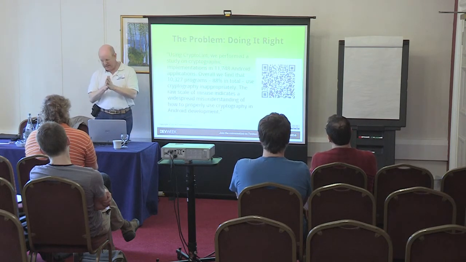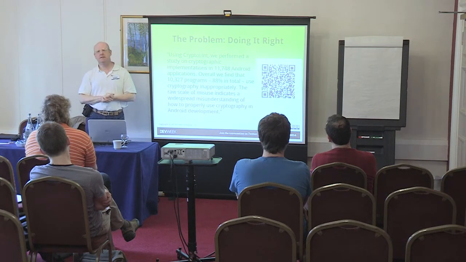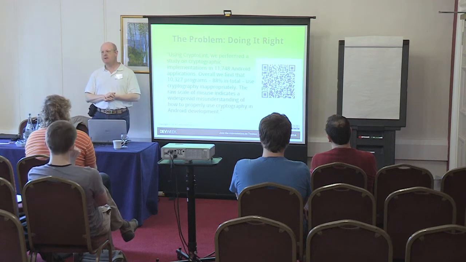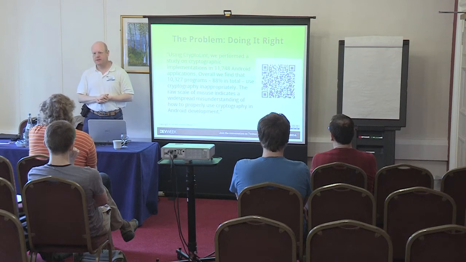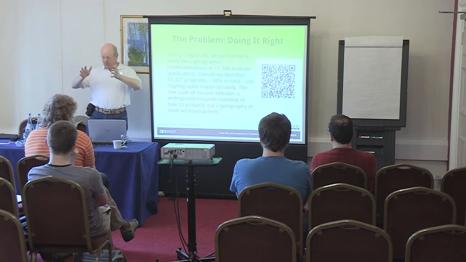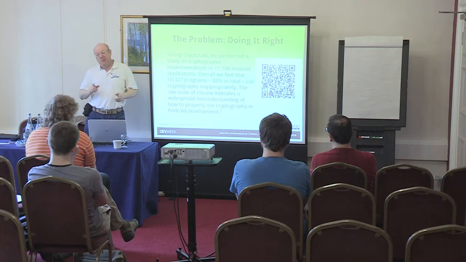The problem is that doing the security stuff is oftentimes not that easy. That QR code leads to a white paper published last year. A bunch of academic researchers created a tool called CryptoLint. Lint, as you're aware, looks at a code base and says, okay, what have you done that is technically legal from a compilation standpoint, but probably not what you want?